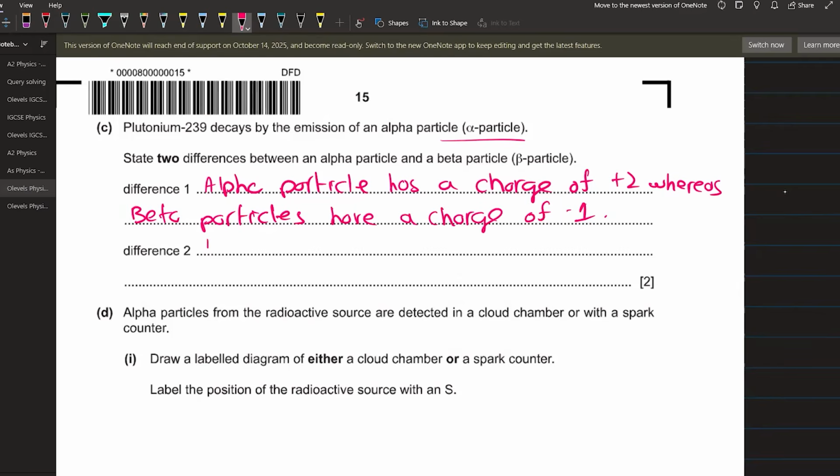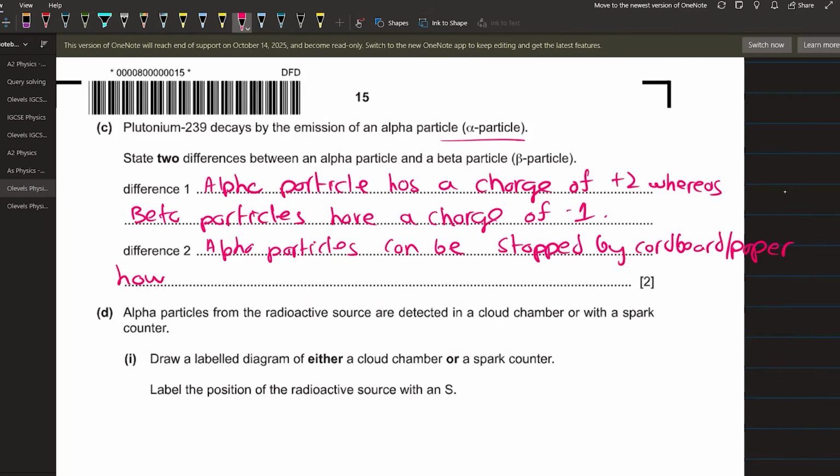Second difference क्या होगा? Alpha particles can be stopped by cardboard slash, I have written the spelling of cardboard wrong. Can be stopped by a cardboard slash paper.